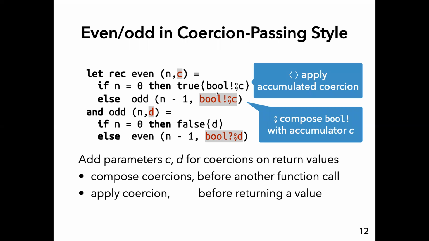Before returning a value, we apply the accumulated coercion, which is denoted by angle brackets. As you can see, coercions are used as first-class values. In Coercion-Passing Style, even-odd functions become tail recursive again. This is the most important thing.